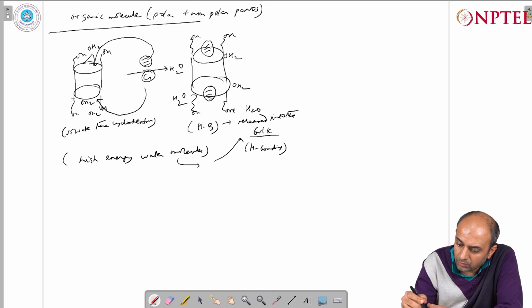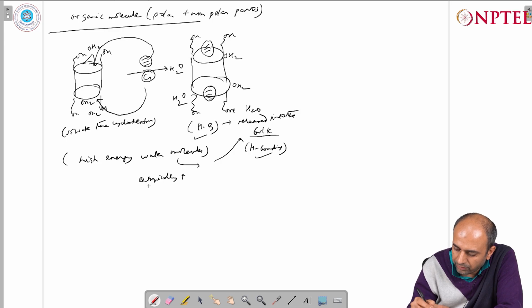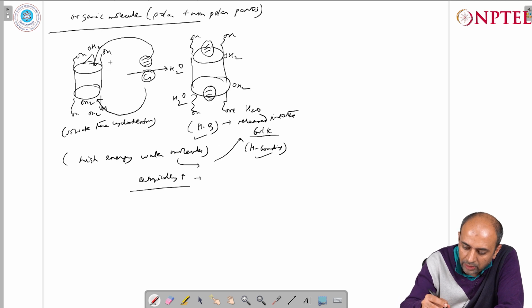We see that enthalpically this is a favorable process because you have enhanced host-guest interactions and you also have hydrogen bonding between the water molecules, and entropically also this is a favored process because the water molecules which were having a very ordered arrangement around the cyclodextrin cavity now get released into the bulk.